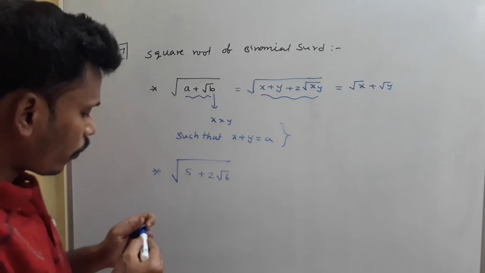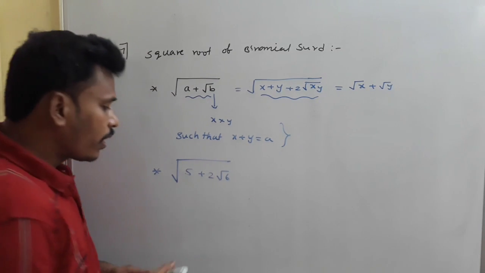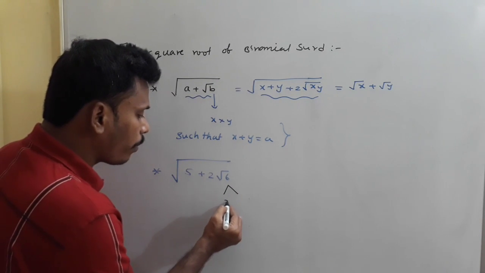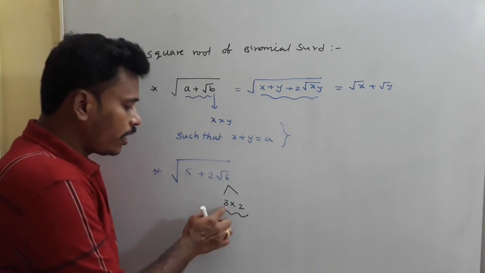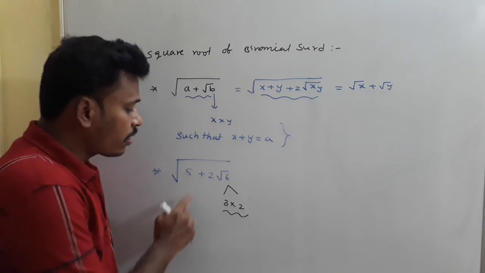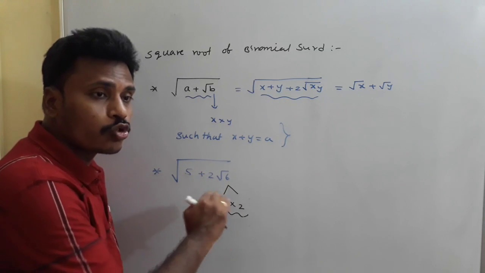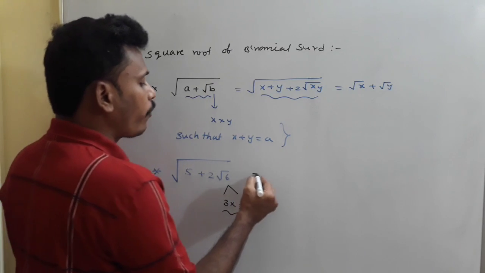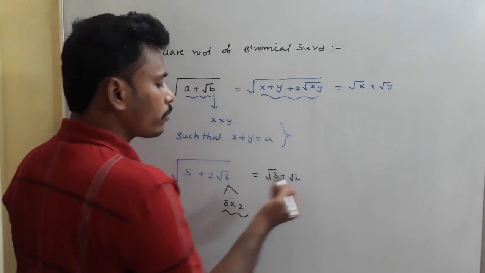What is the square root of 5 plus 2 root 6? Here you split 6 as a product of two numbers, 3 and 2, whose sum is 5. 3 plus 2 is 5, 3 into 2 is 6. That is, expressing 5 plus 2 root 6 as 3 plus 2 plus 2 root of 3 into 2, and finally your answer for this problem is root 3 plus root 2.